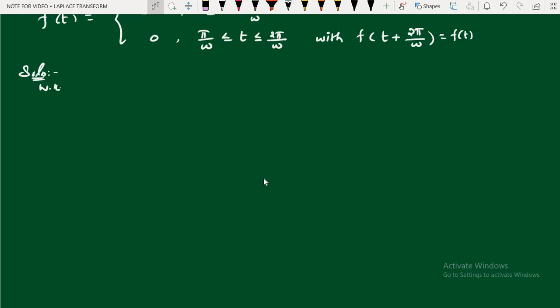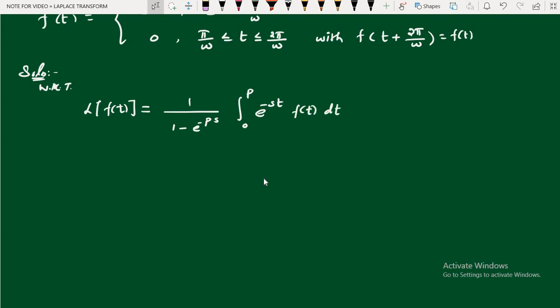We know that L of f of t, the Laplace transform of the periodic function f of t, is 1 by 1 minus e power minus ps times the integral from 0 to p of e power minus st f of t dt.